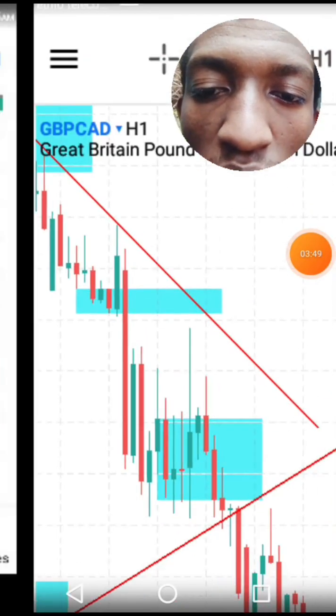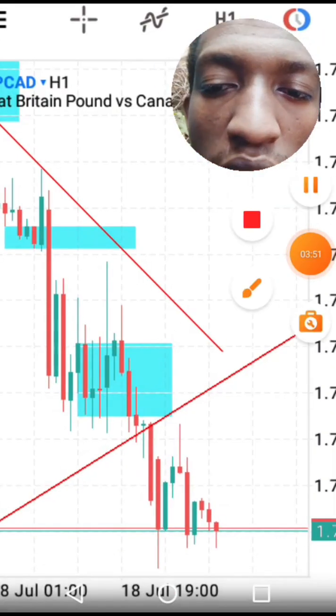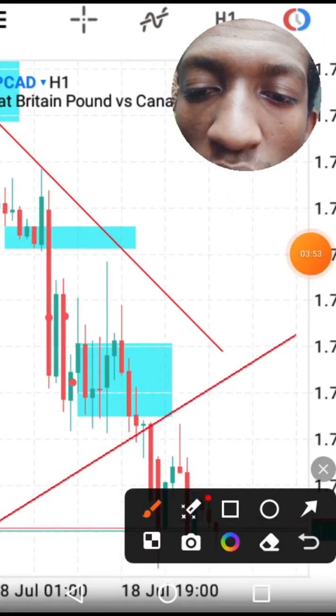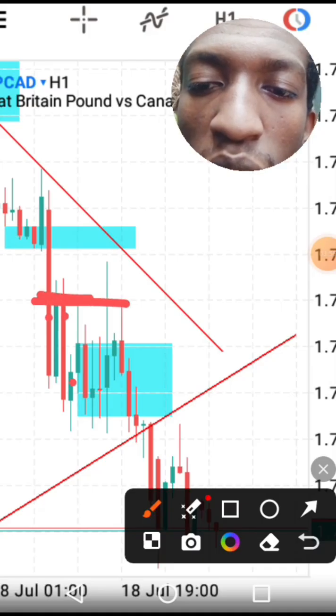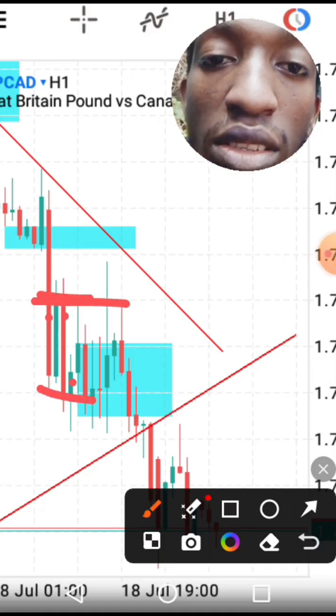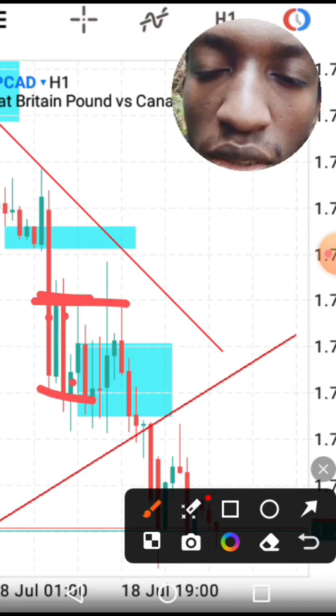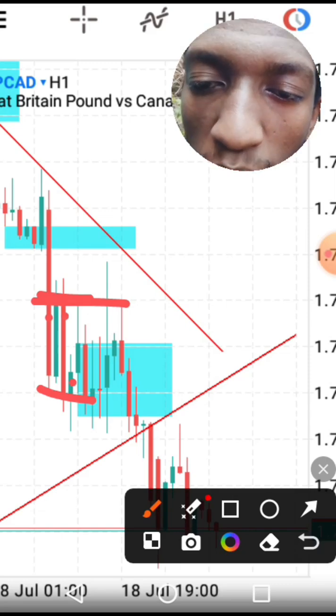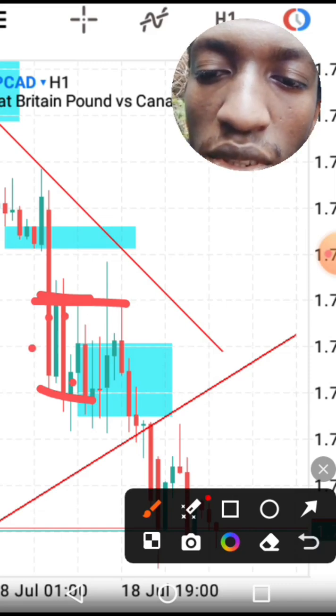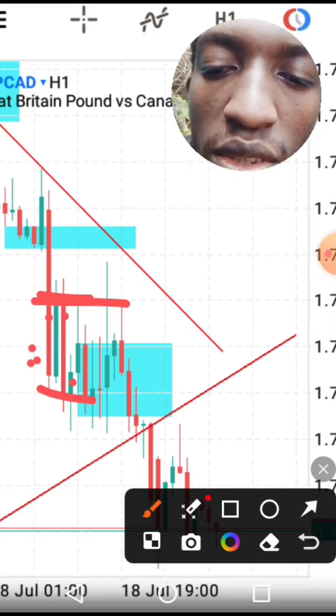Next, what happened? We formed another black box here. 1, 2, 3. This will be used for TP projection. How? Let me finish this one first.